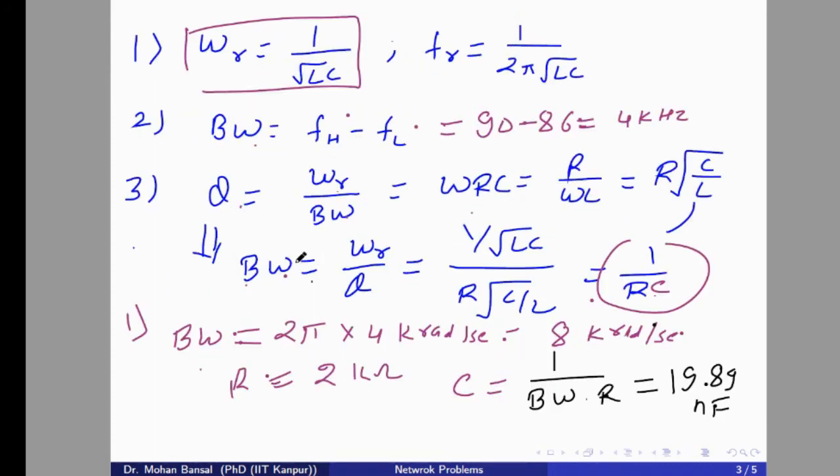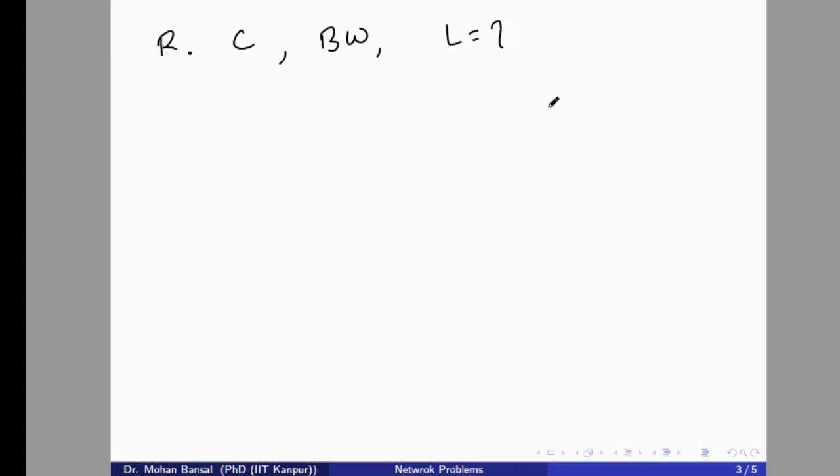We can use the relation resonance frequency equal to 1 divided by root LC. So how can we find the resonance frequency? For that, omega R equal to 1 divided by root LC, and inductor and capacitor are known.